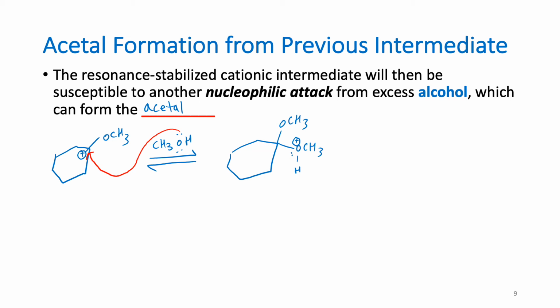Now you have your conjugate base of the sulfuric acid, HSO4 minus. That's just going to deprotonate to reform your sulfuric acid. And you may notice, voila, you just formed your acetal product.